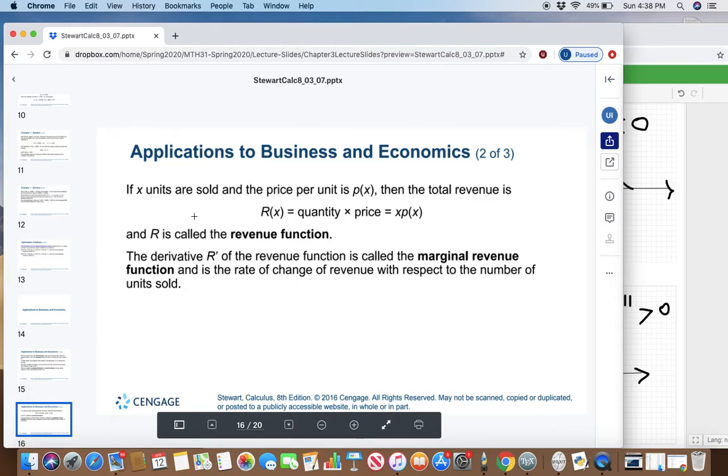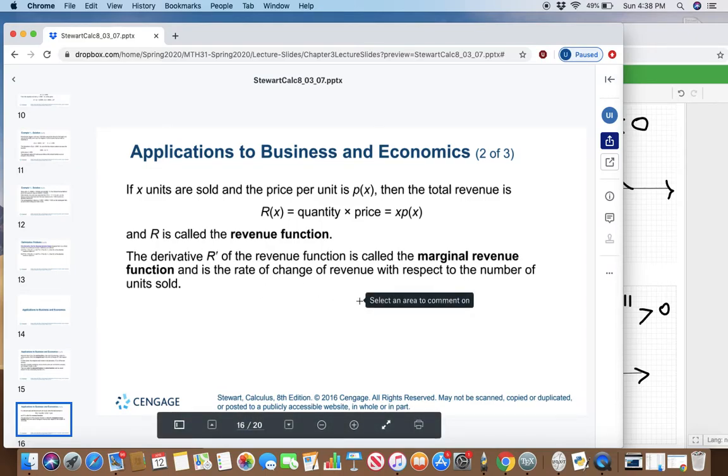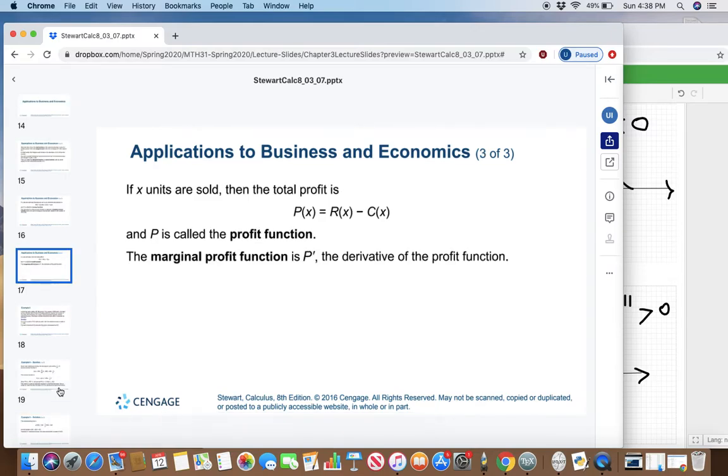All right. Typically, you are selling x number at a certain price per unit. So multiply x by that price per unit. That is your revenue function. Okay, the derivative is called marginal revenue. It is the rate of change of revenue with respect to the number of units sold.